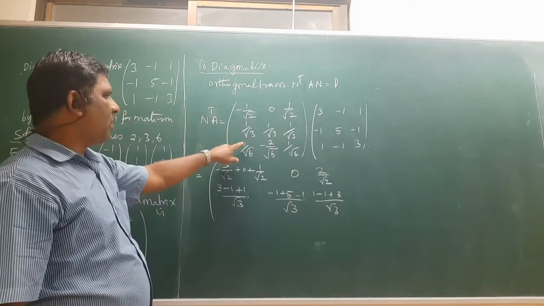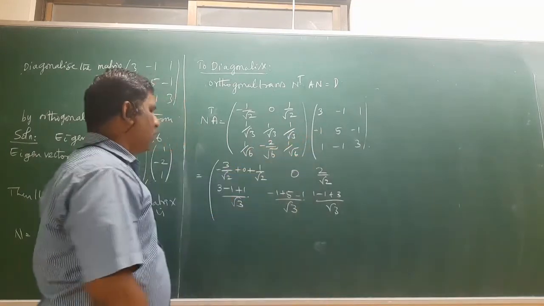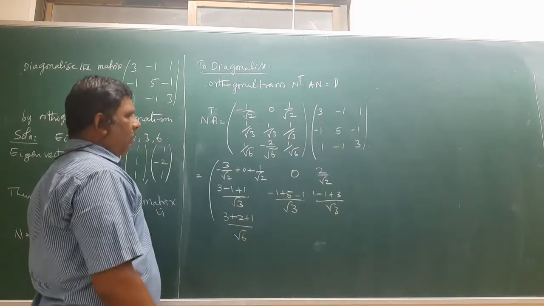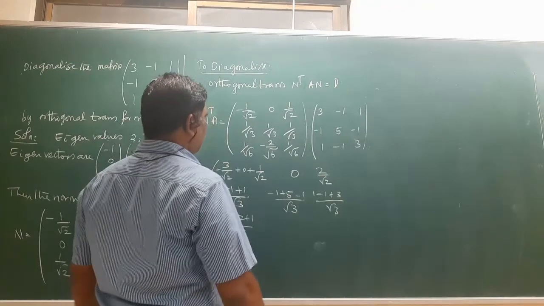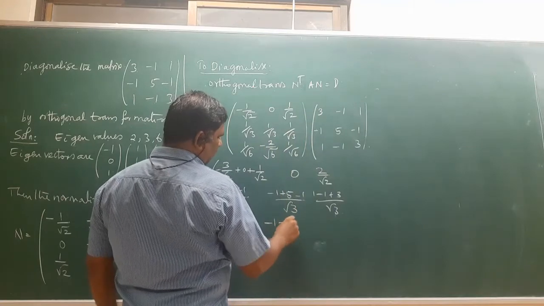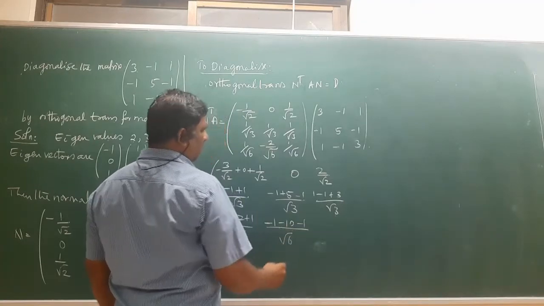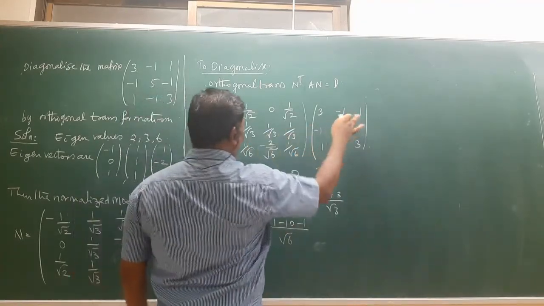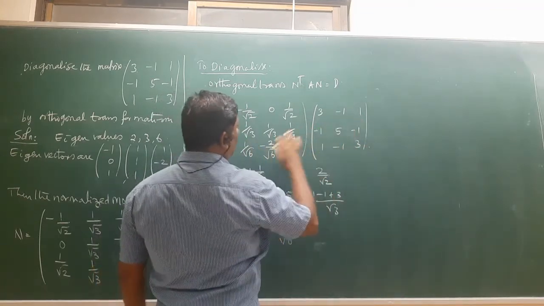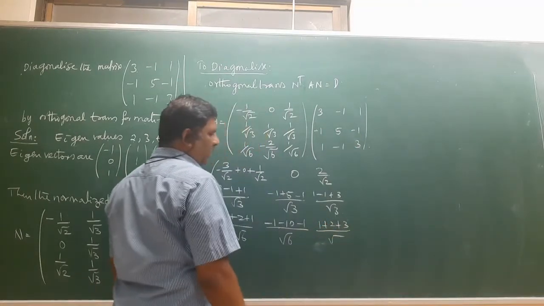Third row, first one, 3 plus 2 plus 1 by root 6. Second one is minus 1 and then minus 10, then minus 1 by root 6. Last value 1 plus 4 plus 3 by root 6.